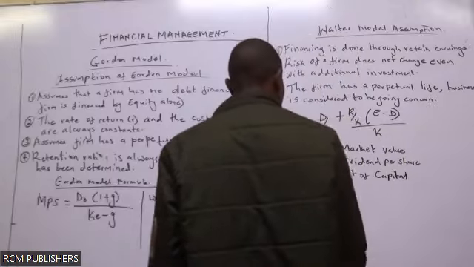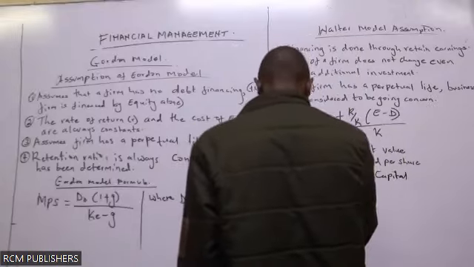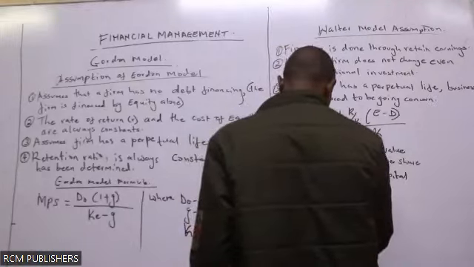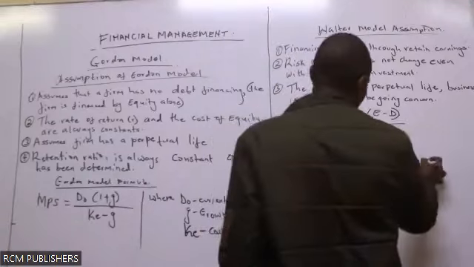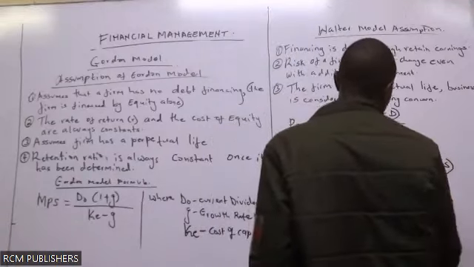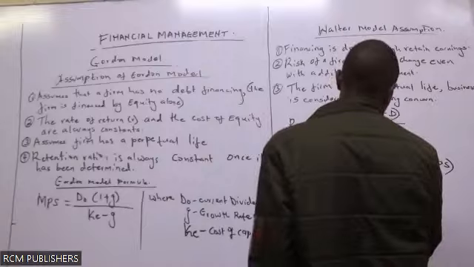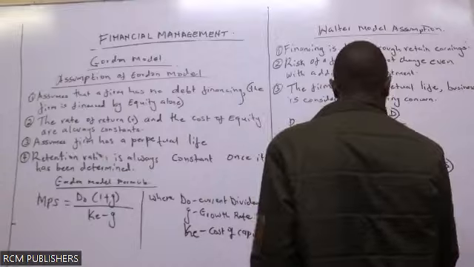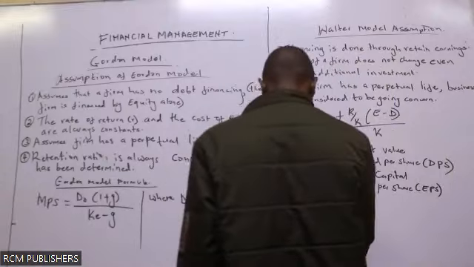What else have we not written down? We have E, earning per share, EPS.